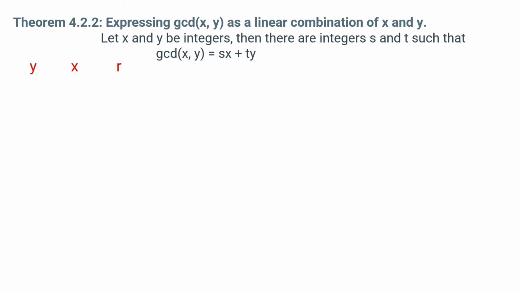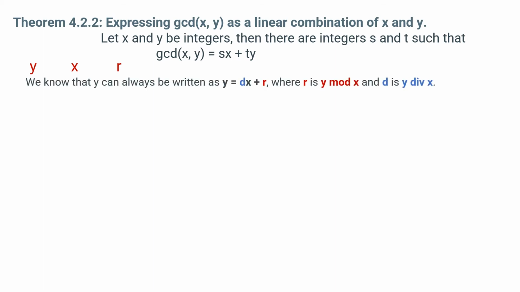Okay, now remember that little process that we just went through where we started with the y, the largest number on the left, then we had the next number, and then we kept finding the remainder, which we called r, by doing a mod operation. Remember we got the r by taking y mod x.